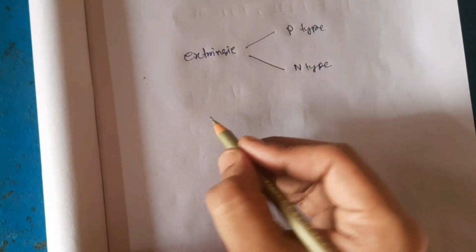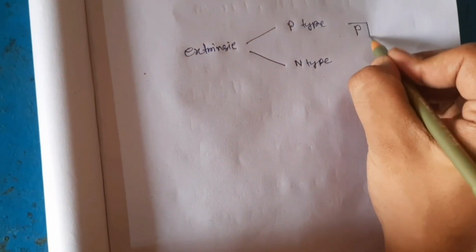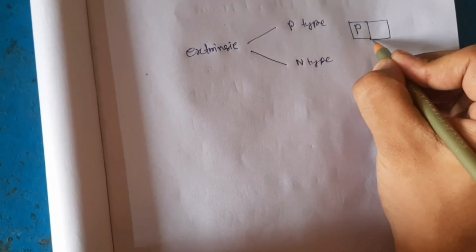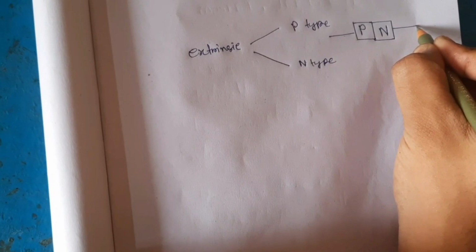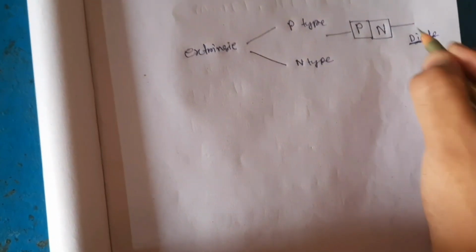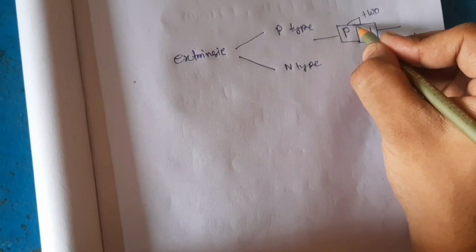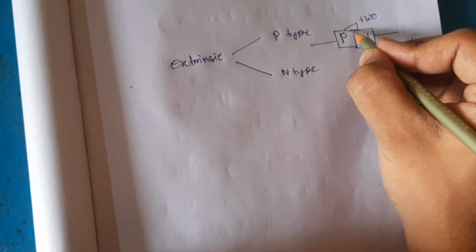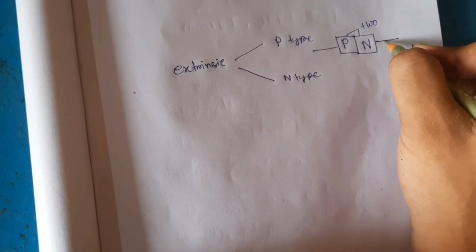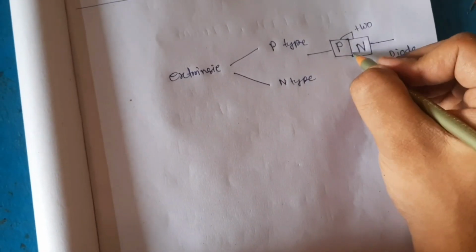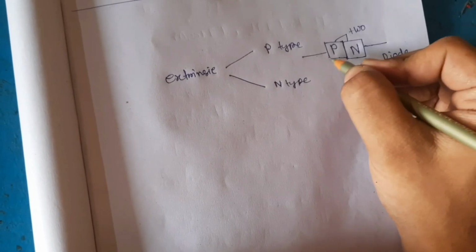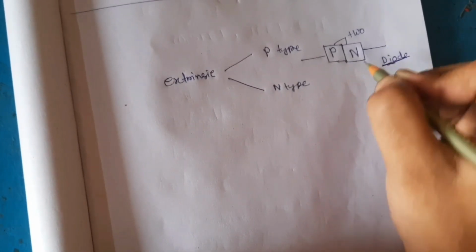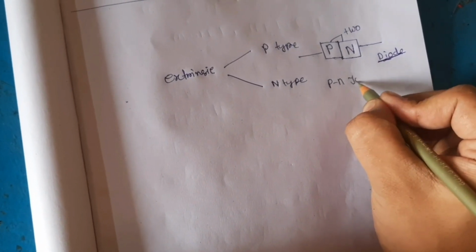When we join this p-type semiconductor crystal with the n-type semiconductor crystal, then this device is called a diode. Di means two, and here are two types of semiconductor crystal. So this device is called a diode. And this is the junction between P and N type semiconductor, and this diode is also called a PN junction diode.